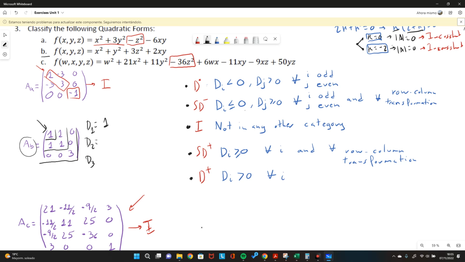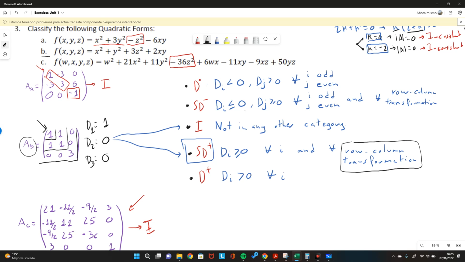And so D2 is 0 because this is 1 minus 1, and D3 is also 0, okay? And so we know just by looking at this that this matrix can only be positive semi-definite or indefinite. For classifying it as positive semi-definite, we had to see that it behaves like this for every row and column transformation.